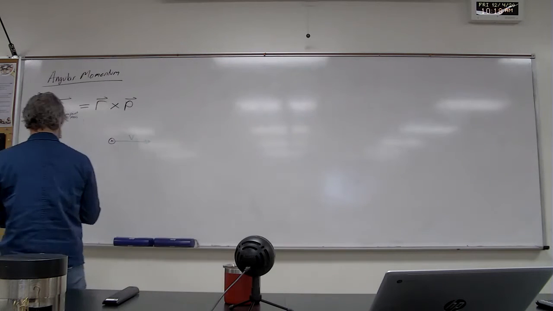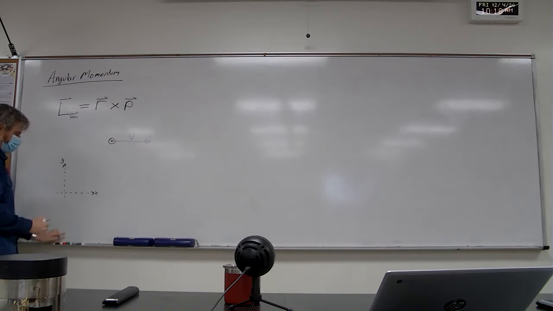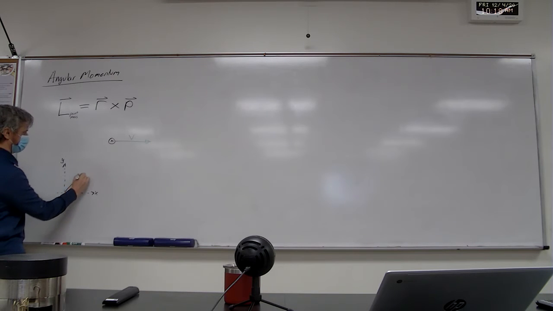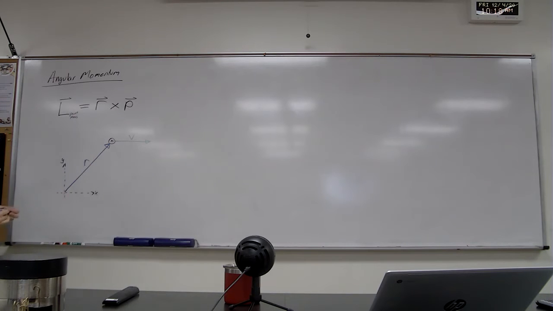Then we would draw our position vector like this. And that would be our position vector R. And so the cross product of this vector and that vector will be the angular momentum of that particle.